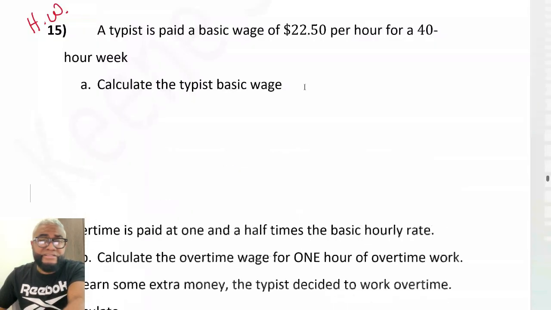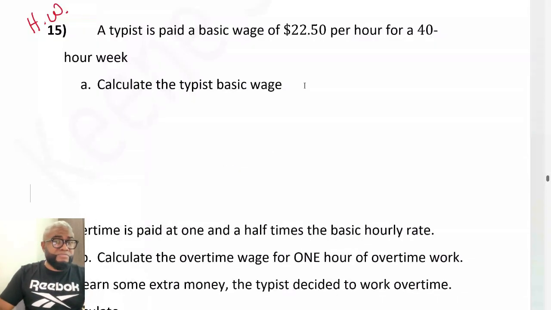So this is like real life stuff. You are paid 22.50 per hour for a 40-hour week. Your basic wage will simply be 22.50 multiplied by 40.